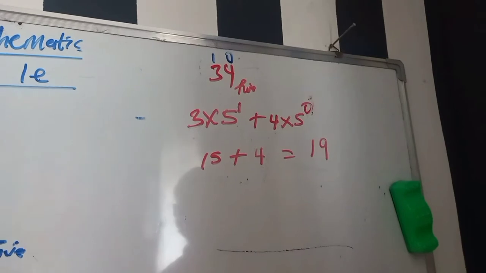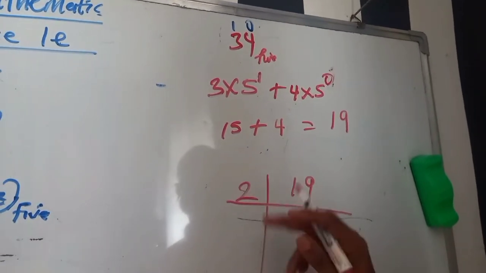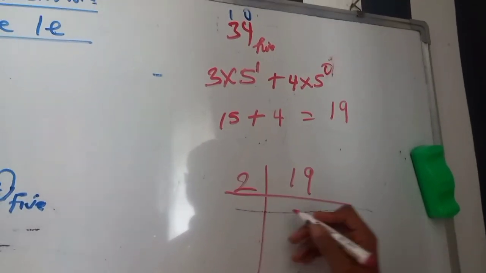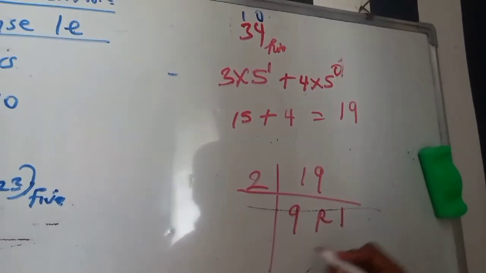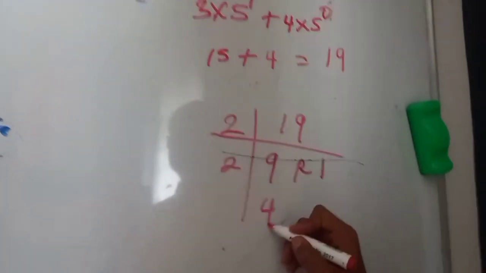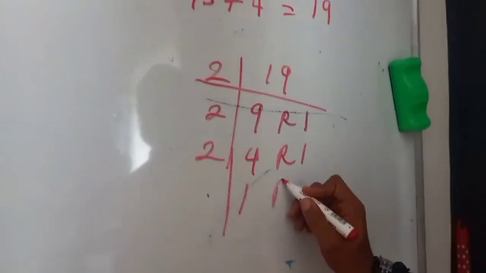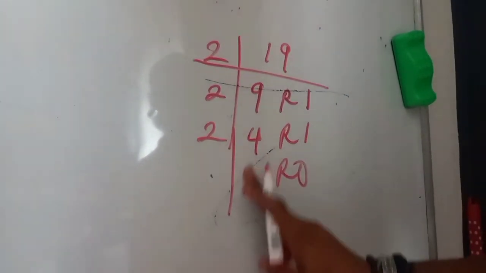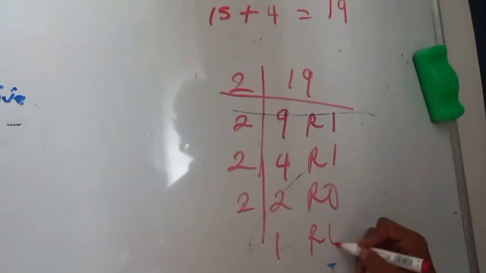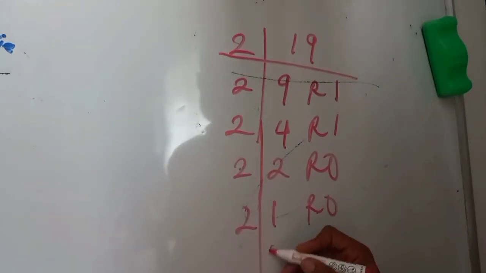I convert it, okay? My 19 in base what? In base 2. 2 go into 19 how many times? 9 times remainder 1. 2 go into 9 how many times? 4 times remainder 1. 2 go into 4 how many times? 2 times remainder nothing. 2 go into 2 how many times? 1 remainder nothing. 2 go into 1 is not possible.